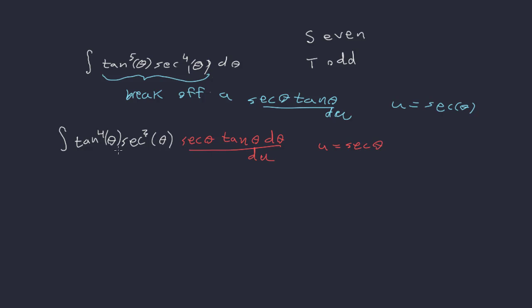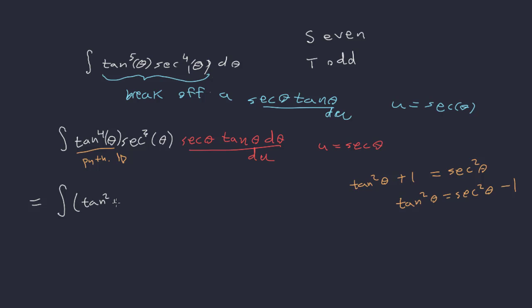But like before, we need to get this in terms of just secant, so we need to use the Pythagorean identity here. Remember our Pythagorean identity was tangent squared theta plus 1 equals secant squared theta. So that makes tan squared theta equal to secant squared theta minus 1. Notice we have tangent to the fourth, so that's tangent squared theta all squared.